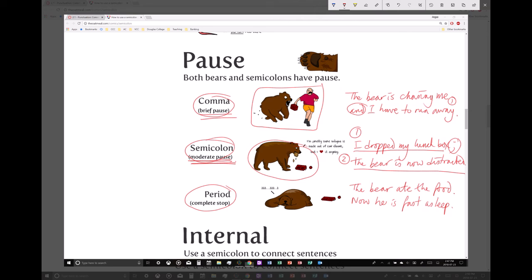So the period serves as a complete stop in the sentence, two separate sentences, and a big pause, so you would read it like this. The bear ate the food. Now he is fast asleep. So just like the picture, the bear just stopped altogether. The semicolon serves as a medium-sized pause in sentences, two independent clauses that are related to each other.